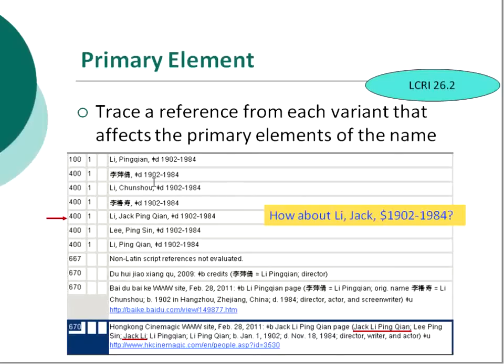This is another quiz for you on primary element. So take a look at the last 670, the red underlined here. We have two forms underlined.